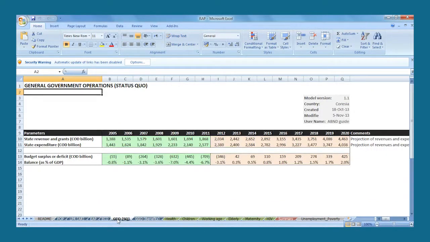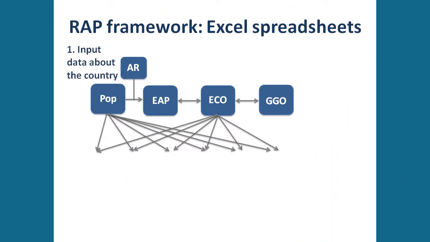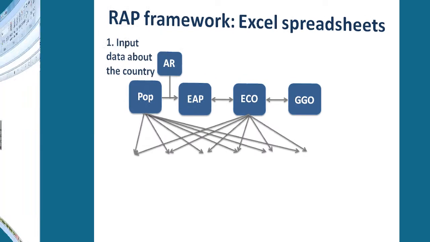GGO, or General Government Operations, tells us the central government revenue and expenditure, and the difference between them, or the balance. Once we have all the input data, we are able to project the cost of benefits.